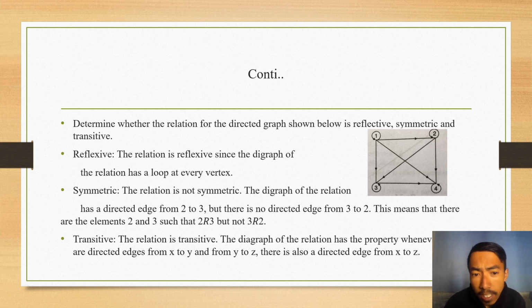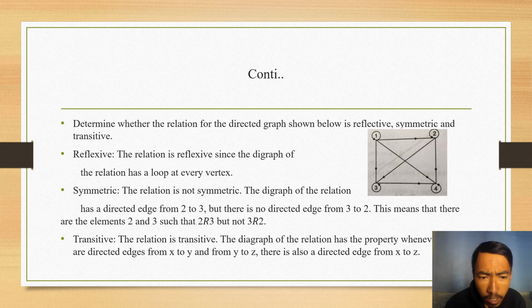The relation is not symmetric in this figure, because the diagram has a directed edge from 2 to 3, but there is no directed edge from 3 to 2. This means there are elements 2 and 3 such that 2R3 but not 3R2. That's why this figure is not a symmetric relation.